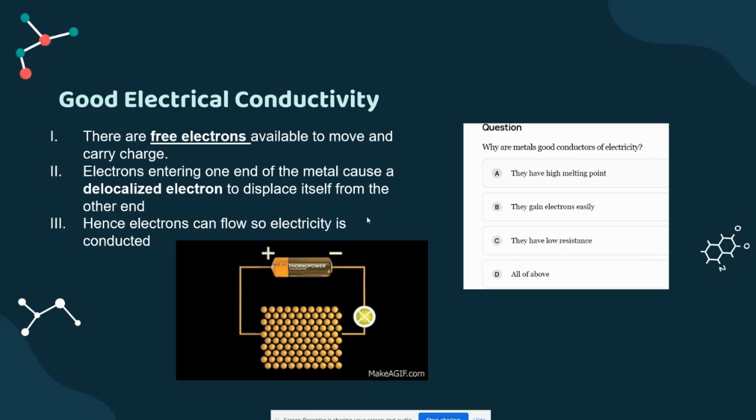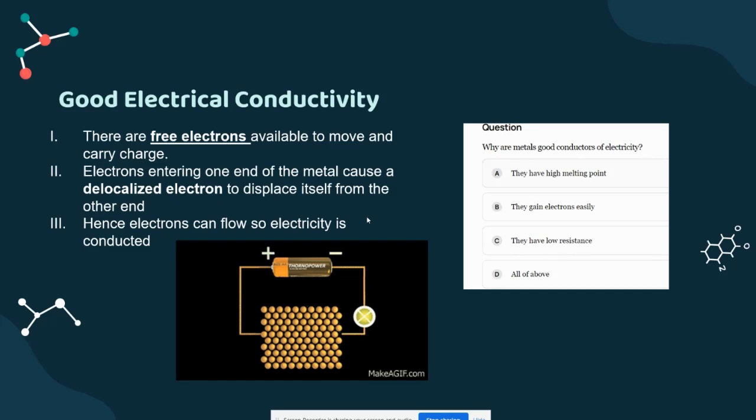In metals, there are already free electrons, so there is a repulsion between those electrons. Hence, electrons can flow, and this flow is what creates the electricity, making metals a good conductor. So here you could see the question: why are metals good conductors of electricity?